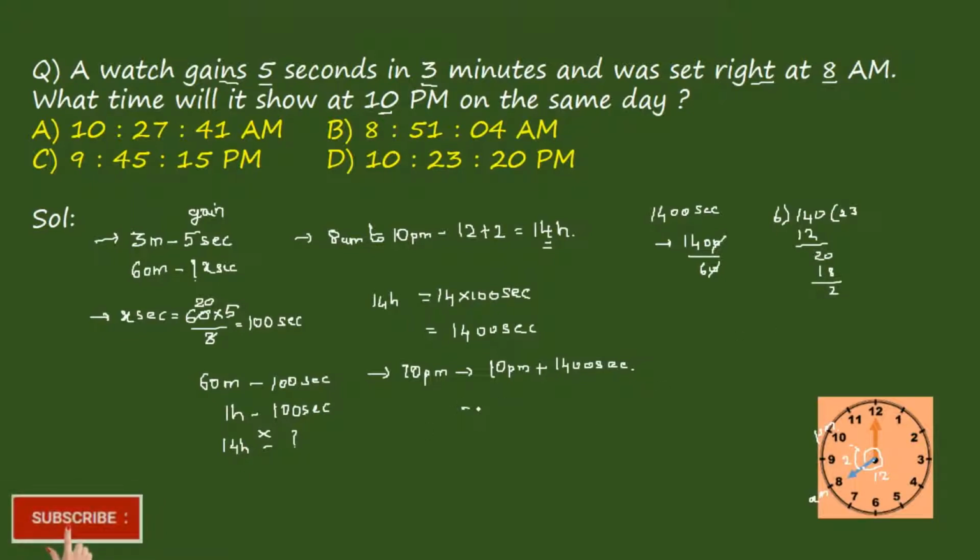Which is nothing but at 10 p.m. the time is increased by 23 minutes plus 20 seconds. Okay, so the answer for this question is option B. After 10 p.m. the time is increased by 23 minutes and 20 seconds, or you can say they have gained the time of 23 minutes 20 seconds.